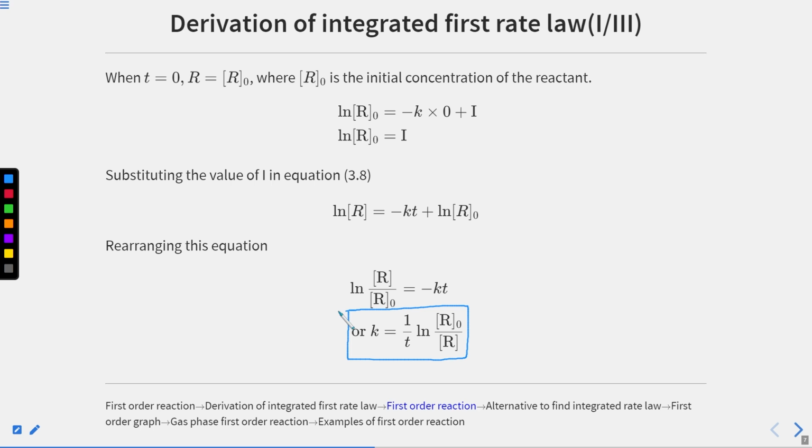Okay, this is the final equation. Of course you can simplify it further, but for now this is our prime and foremost integrated first law. You should remember this, it's very important. If you don't remember this, at least remember some key points of this derivation, so that in case you forgot, you can rebuild it using your derivation.